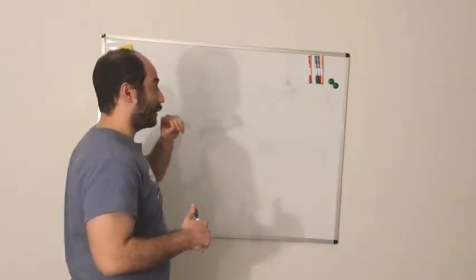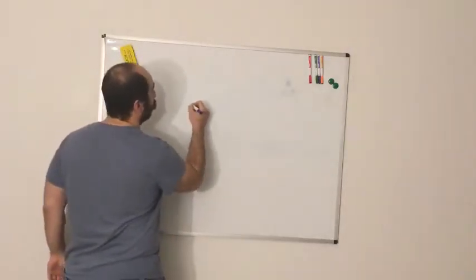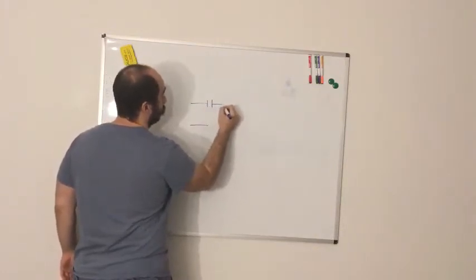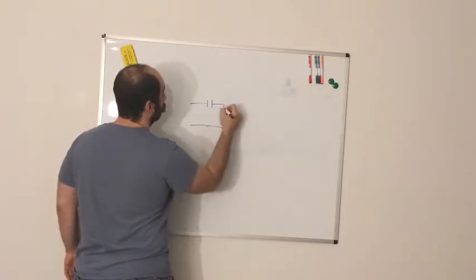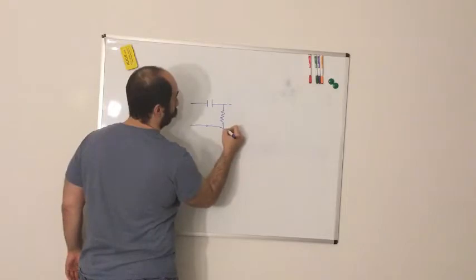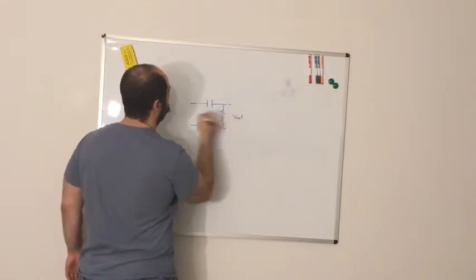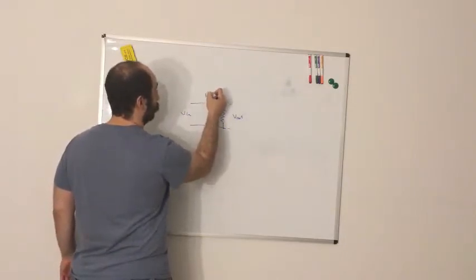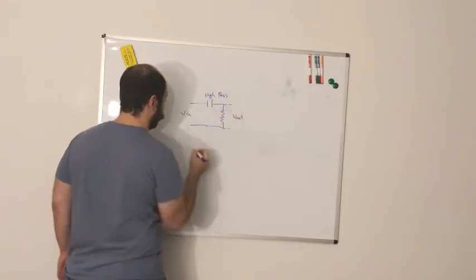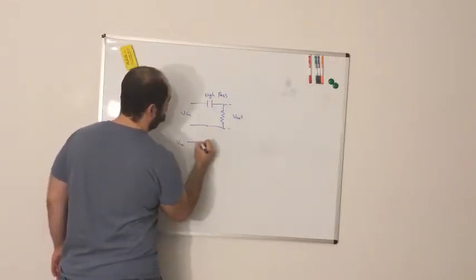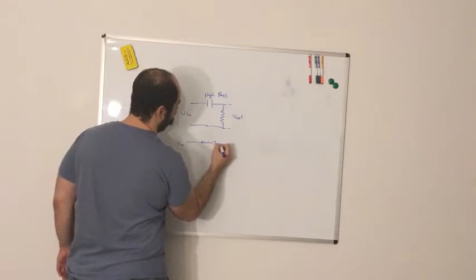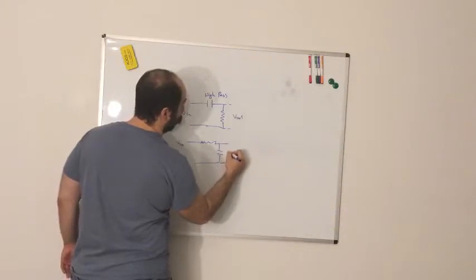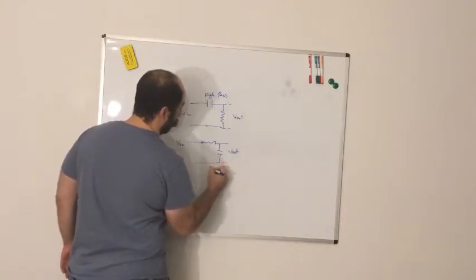So we had two schematics for the low pass and high pass filter, right? This one was high pass. This one was low pass.